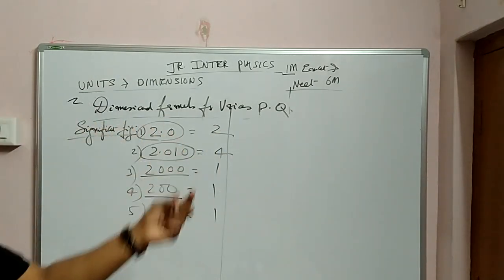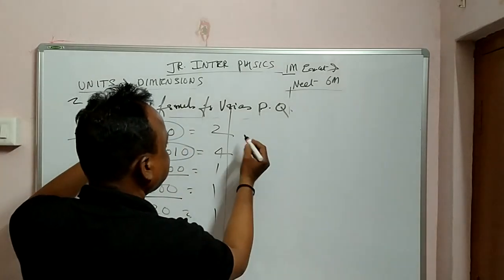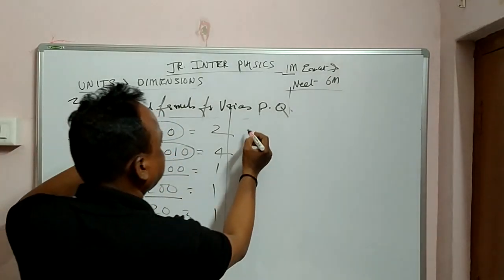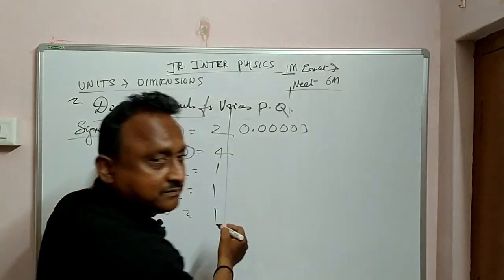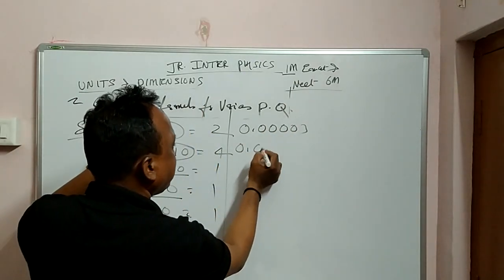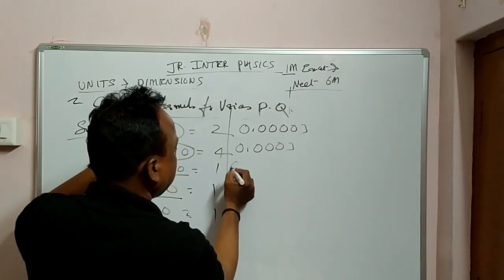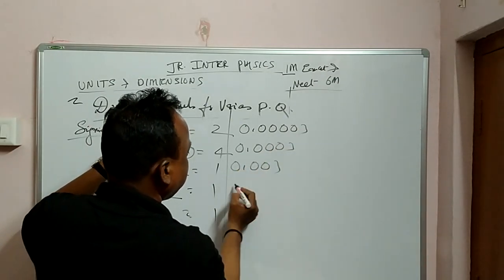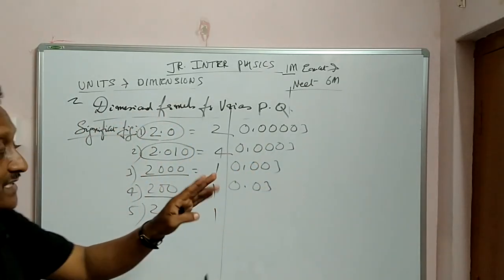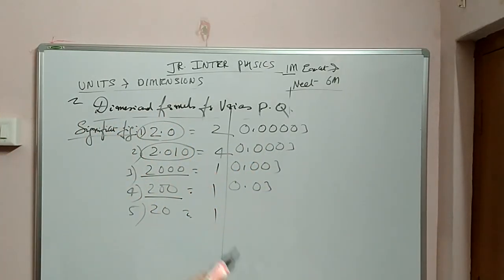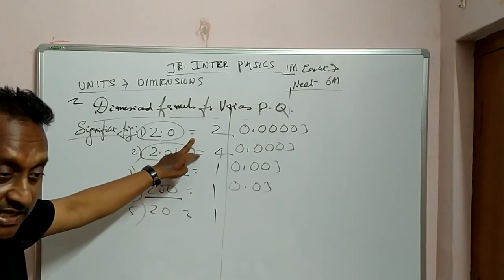Now let us go to second case in significant figures. For example, if in the examination you are given like this, 0.0003, 0.003, 0.03. Now here see, as I just told you, after decimal figure is significant.